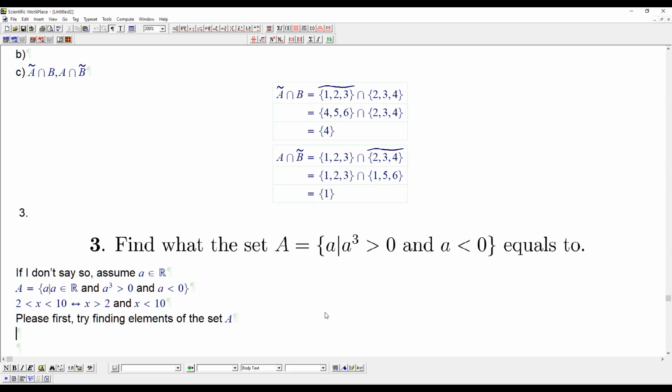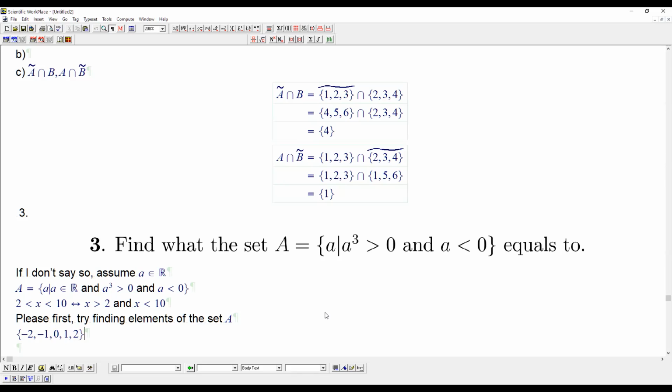Okay, I'm going to go further and let's collectively ask ourselves. Let's have this set of numbers: -2, -1, 0, 1, 2.